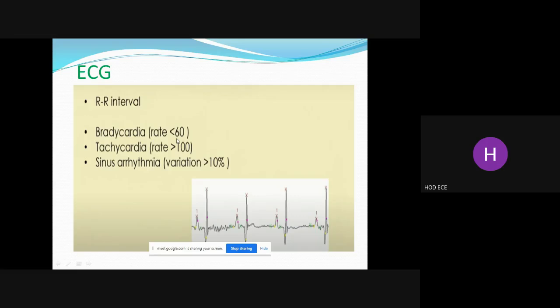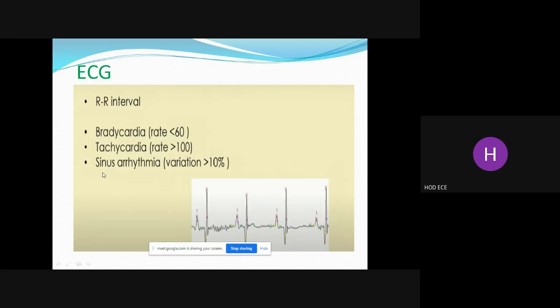And if the rate is greater than 100, that corresponds to tachycardia, where the heart is functioning more. It should not be like that. If the heart is functioning more, then sometimes it becomes tired and completely stops working. That is called heart failure.